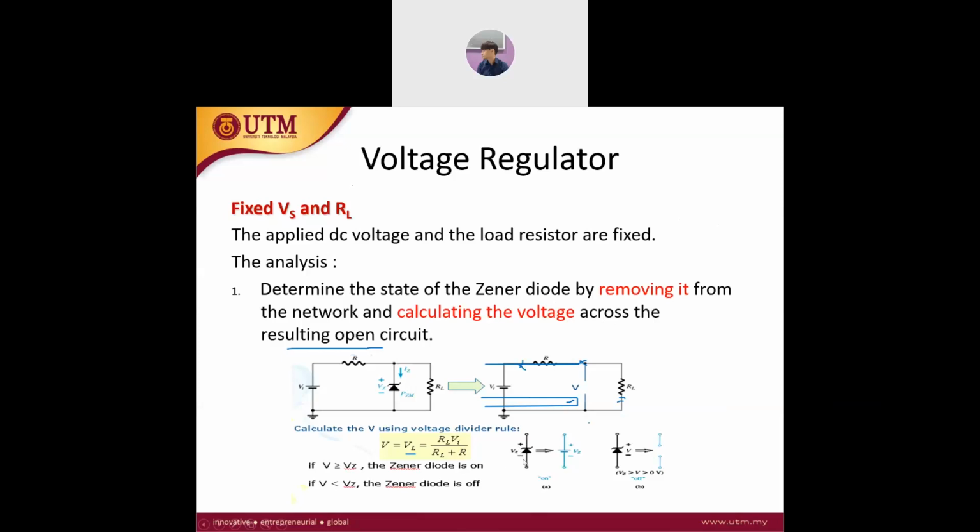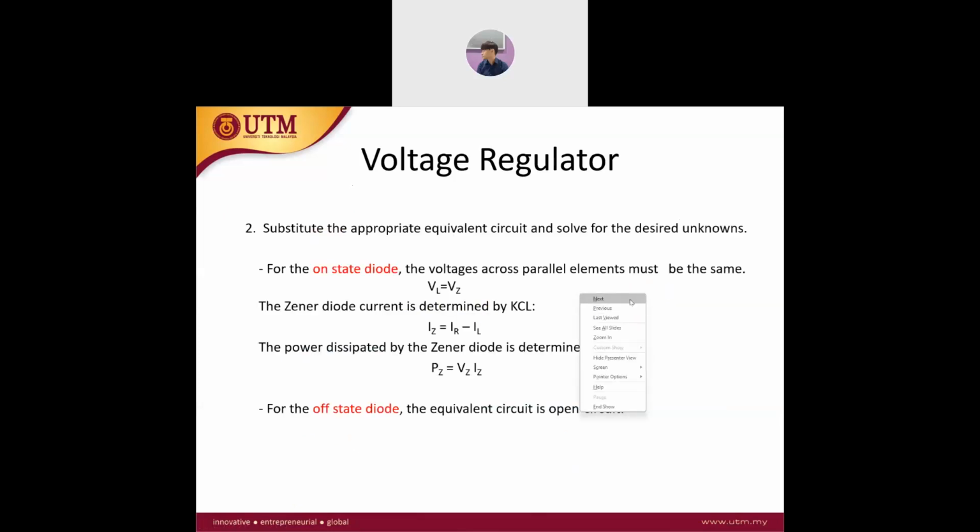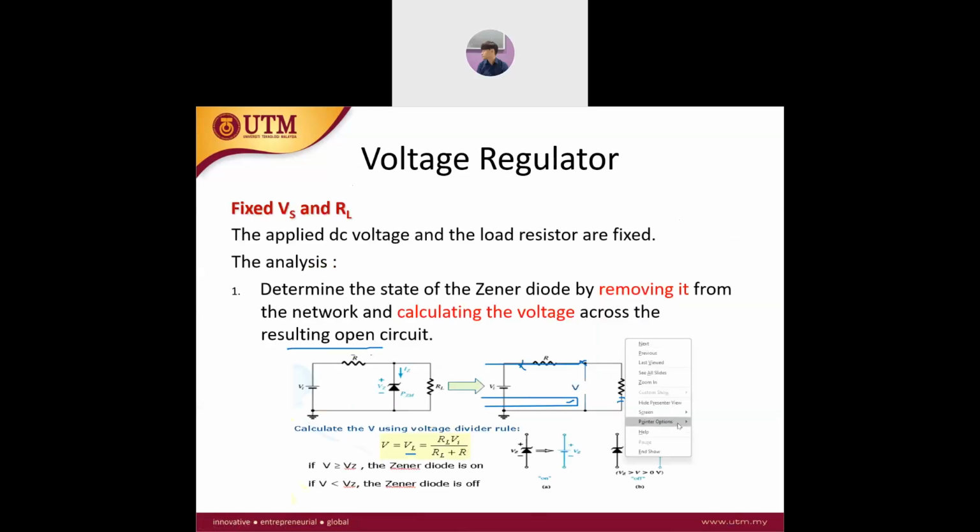So if you have positive and negative here, like putting a battery for easy imagination, if you see here, it is for reverse bias.